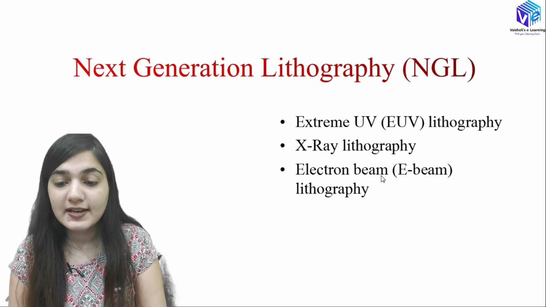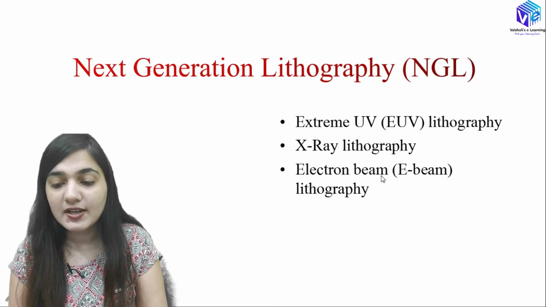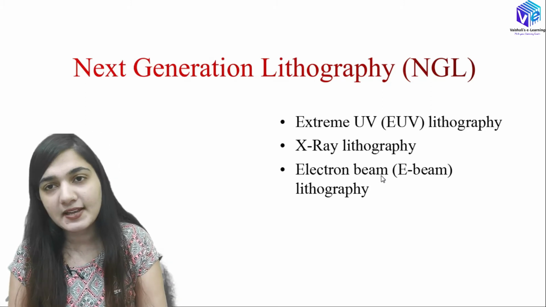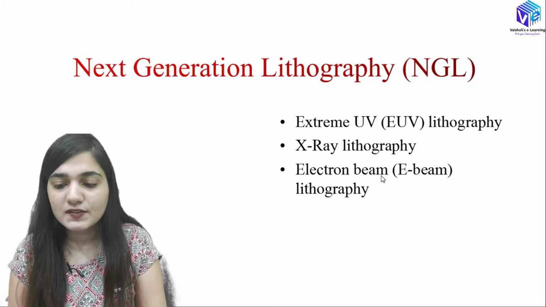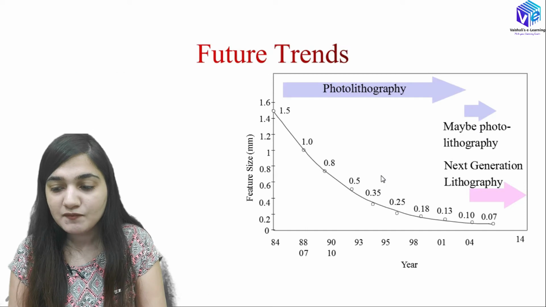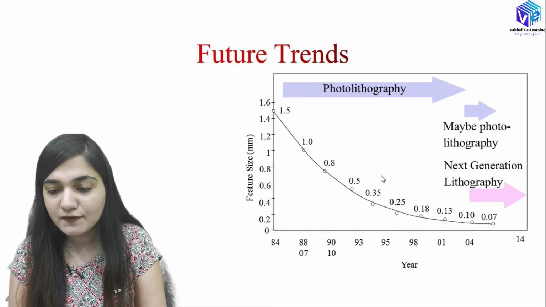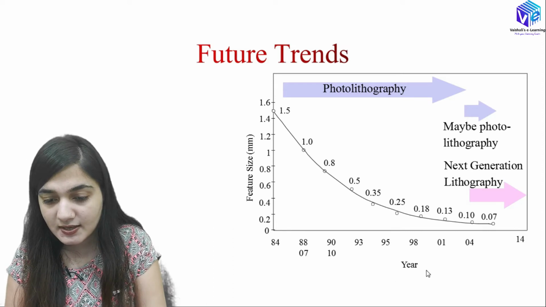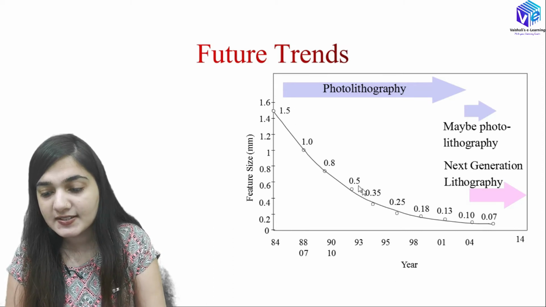Now coming to the next generation lithography. Next generation lithography is done using extreme UV (EUV) lithography, X-ray lithography and electron beam lithography. We will discuss electron beam lithography in the next video, but now we are focusing on extreme UV lithography and X-ray lithography. Now moving towards future trends, you can see how the year is increasing and how the feature size is decreasing.